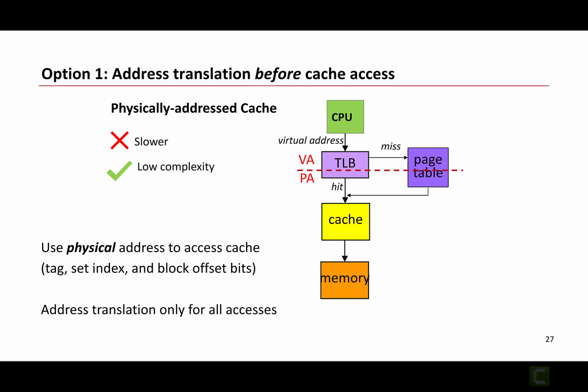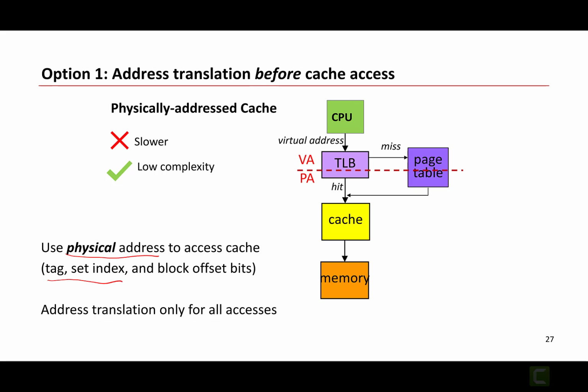And if it's a cache miss, you go to the main memory and you bring the cache block into the cache. Now here's the important thing. You store that cache block at a place in the cache that is defined by the physical address. So the tag, set index, and the block offset, they're all going to be defined by the physical address.